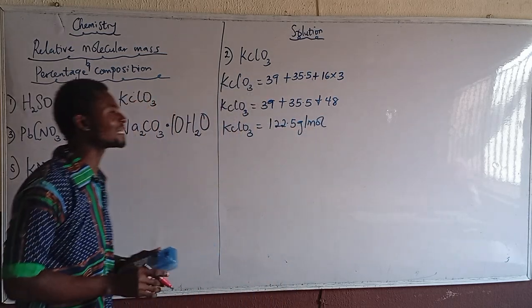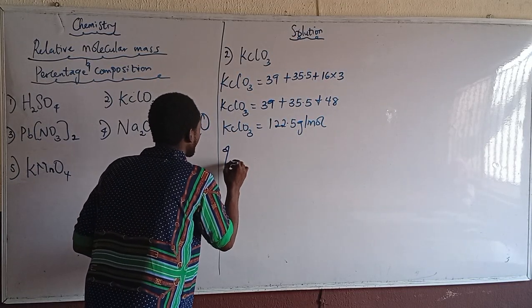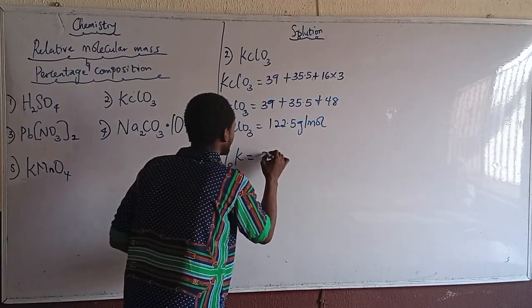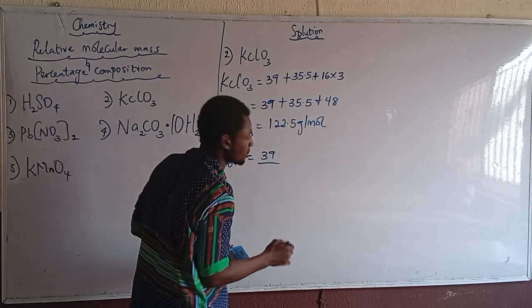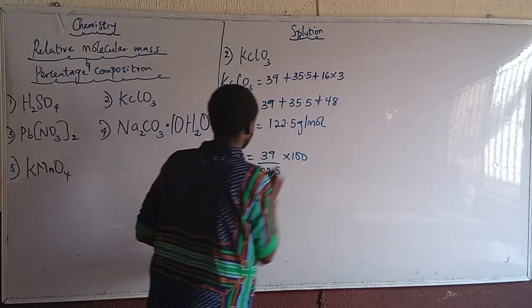So I will calculate the percentage composition of each element there. The first one is potassium. Potassium is 39 divided by the total 122.5 multiplied by 100.